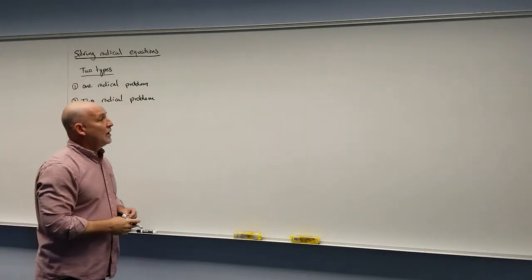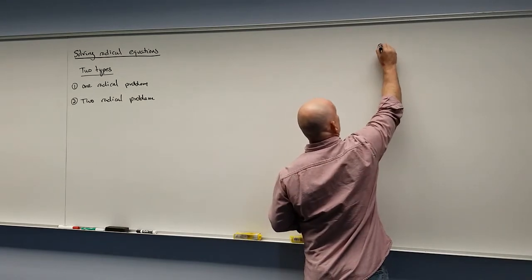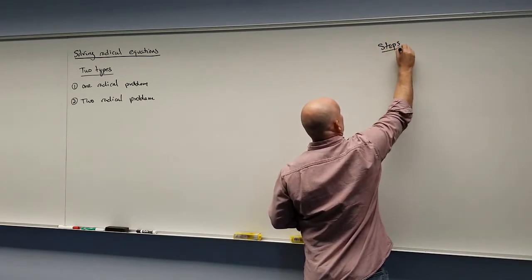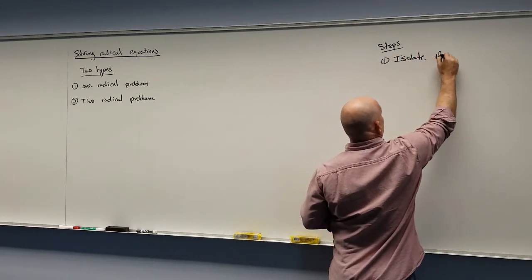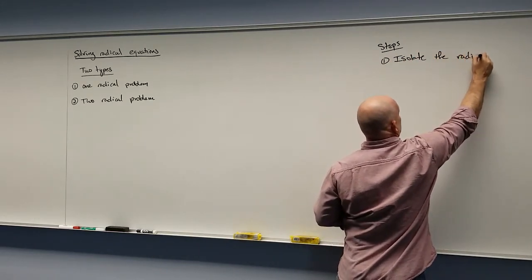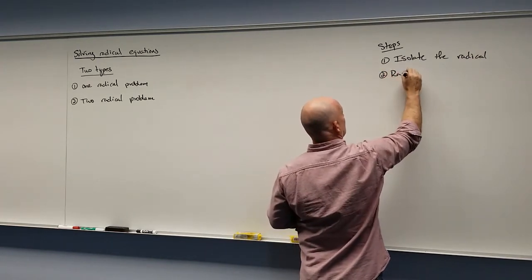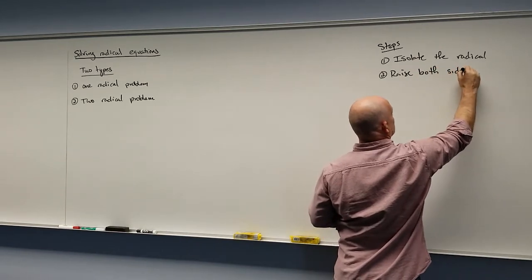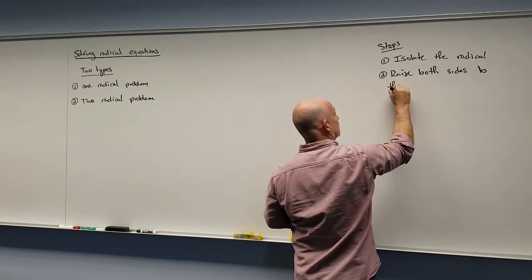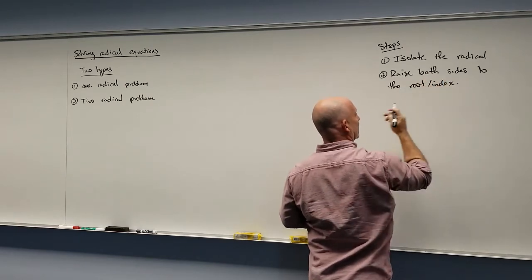Let's take a look at one radical problems, and like always, let's come over here and get some steps. Step one, we're going to isolate the radical. Step two, we're going to raise both sides to the root or index, whatever you want to call it.